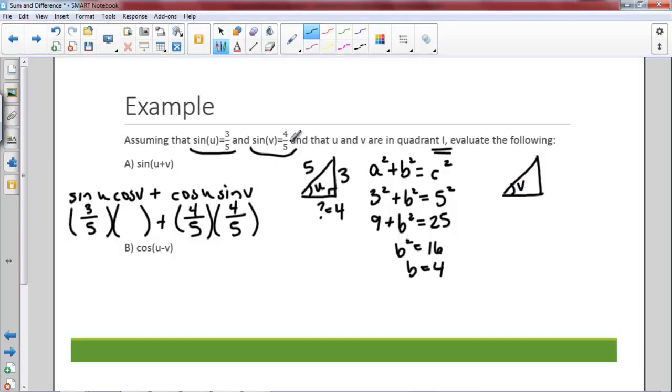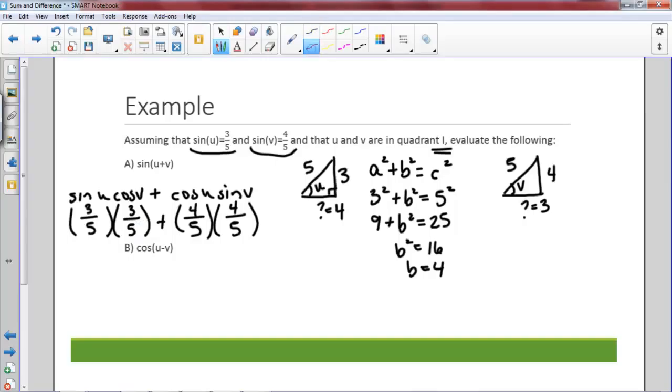It says that the sine is 4/5, so we have opposite over hypotenuse, and we're looking for what the adjacent side is going to be. So if you look over here, this is a well-known triangle. It's our 3, 4, 5 triangle. So looking over here, I can tell that I'm going to end up with the same thing. And in this case, it's going to be a 3. So the cosine of v is adjacent, which is 3 over hypotenuse 5.